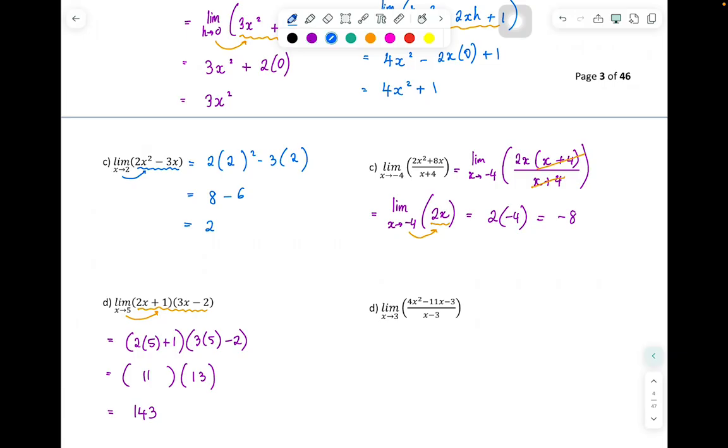Last but not least, if you substitute in 3 immediately, you'll notice that it would become undefined. Therefore, you must simplify the expression or factorize it first. For the numerator, it is a quadratic, so we'll need to find some sort of cross for us to work with here.